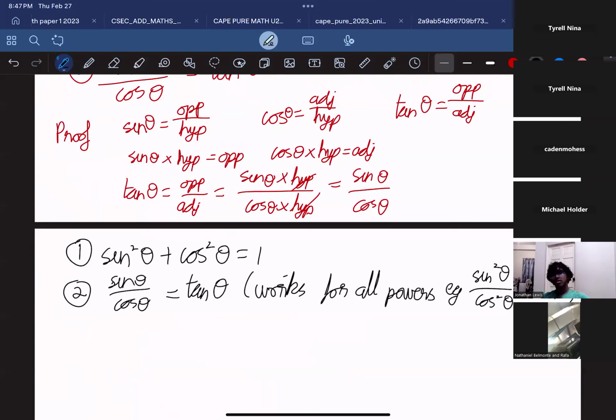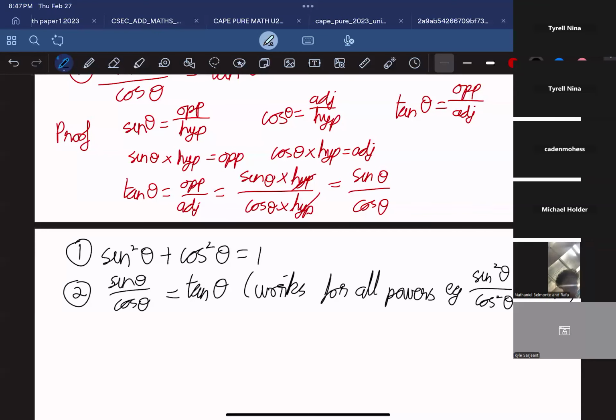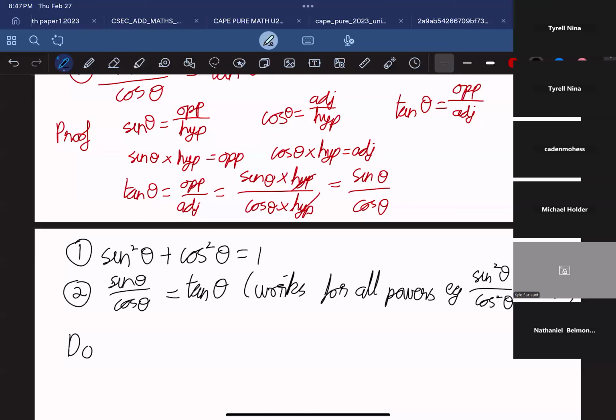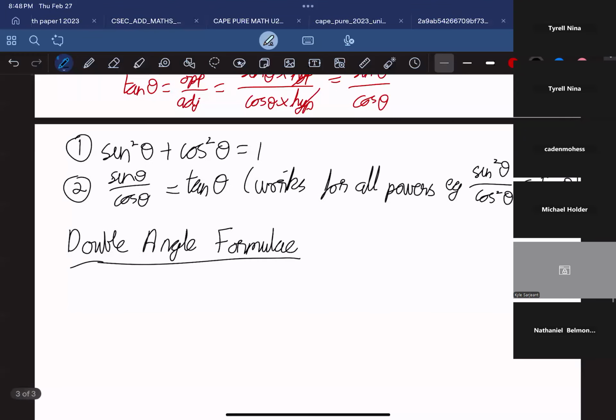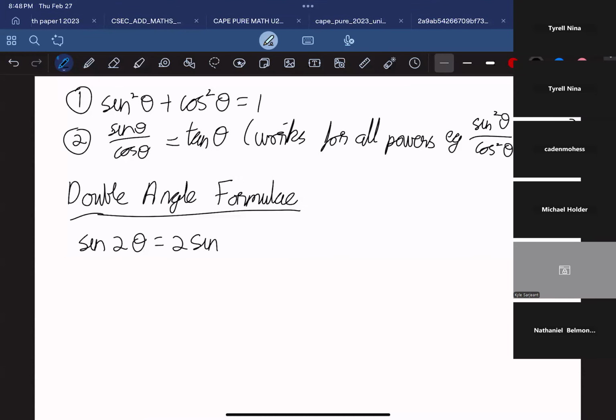Okay, now we have something here called the double angle formulae. So we have sine 2 theta is 2 sine theta cos theta.